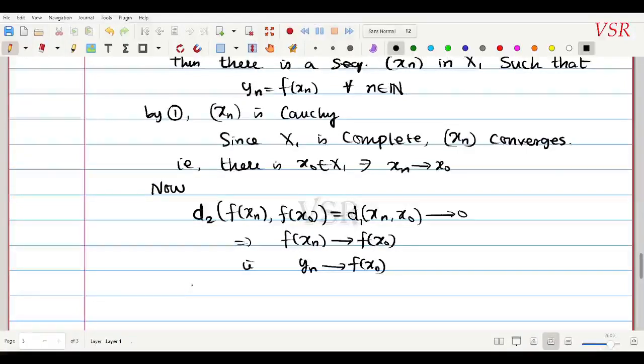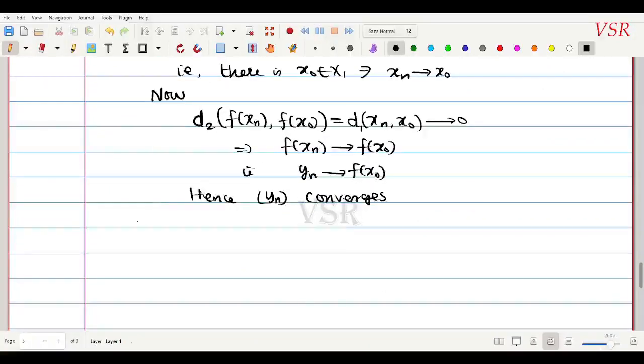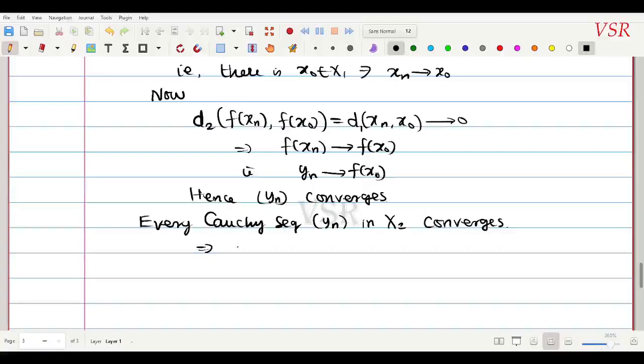Hence yn converges. அப்போ yn converge ஆச்சுன்னா என்ன அர்த்தம்? That is, every Cauchy sequence yn in X2 converges. So this implies that capital X2 is complete.